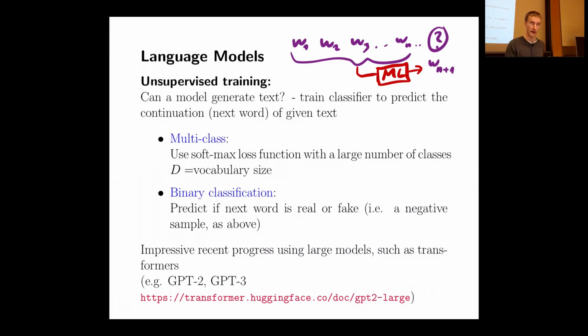Or a slight variation of the task, where you try to predict a word in the middle from the others. Here I'm trying to predict the last word from the previous ones, but of course it's a very minor variation. So for example, BERT tries to predict some random word in the middle from the surrounding ones. So again, it's very important to design these tasks to have a task to learn from.